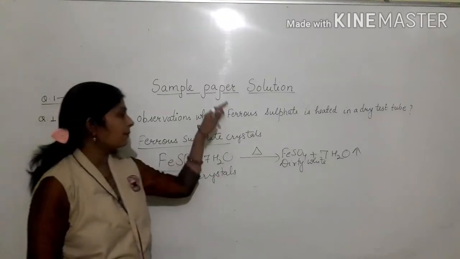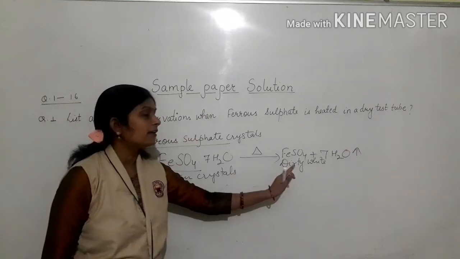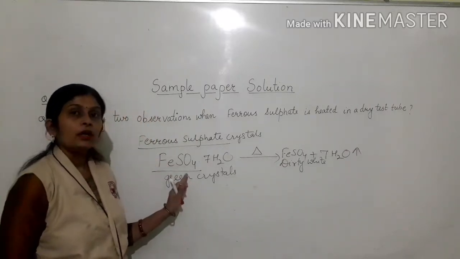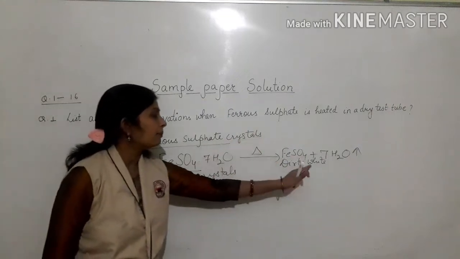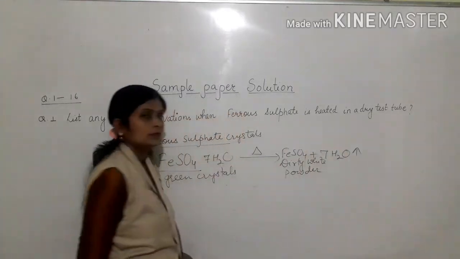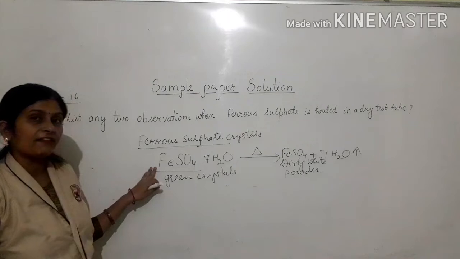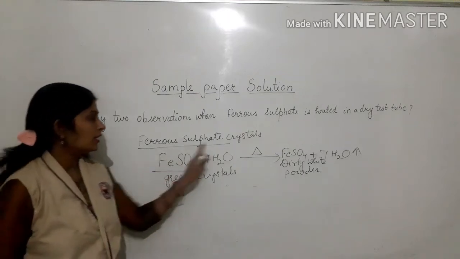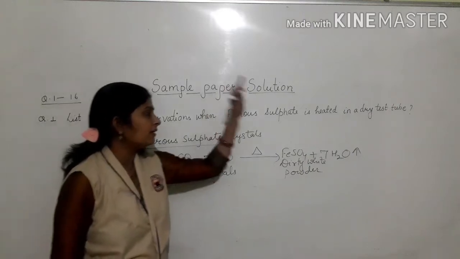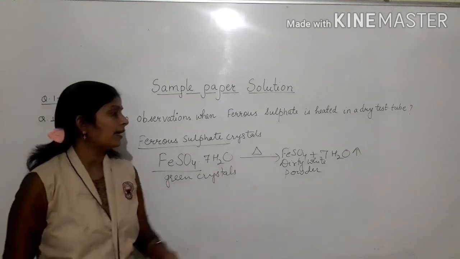When it gets evaporated, its green color disappears and dirty white color appears. And crystalline shape also disappears and powder is formed. So, when ferrous sulfate crystals, FeSO4.7H2O, are strongly heated, then these 7 water of crystallization get evaporated, leaving behind ferrous sulfate, which is dirty white powder.